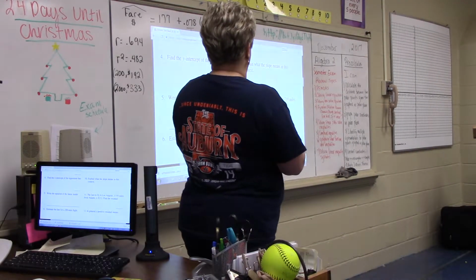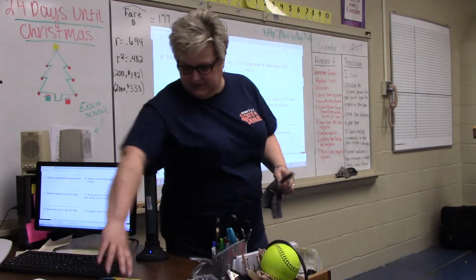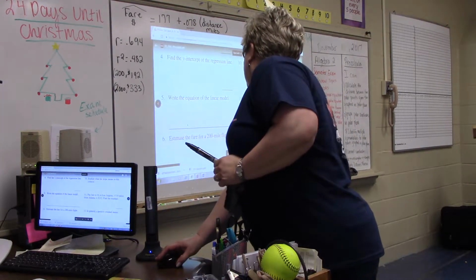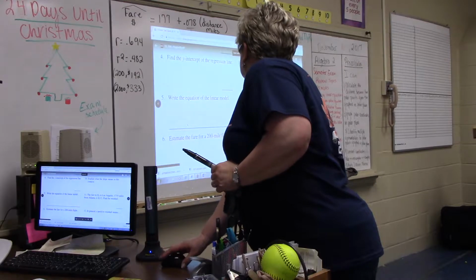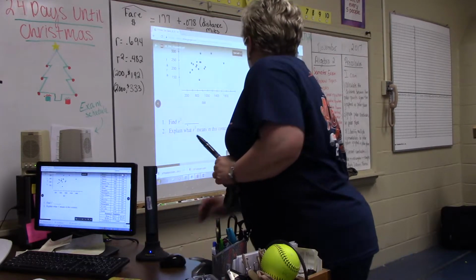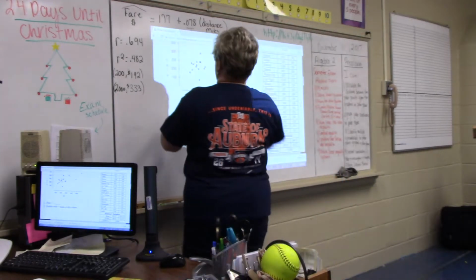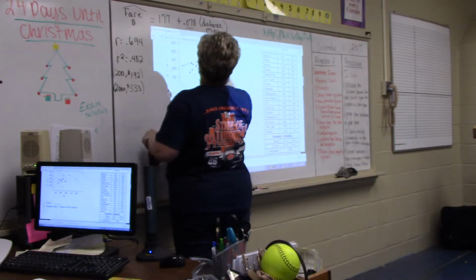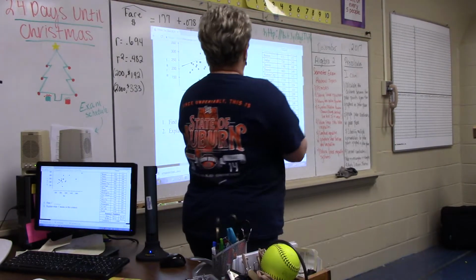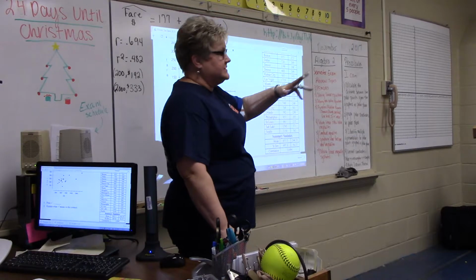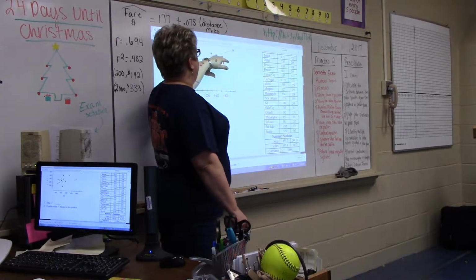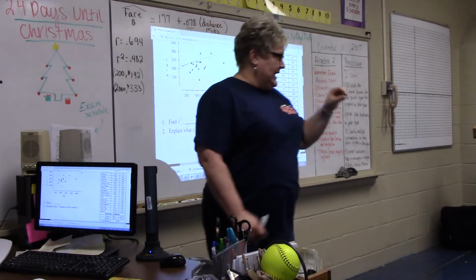Let me scroll back up here and look at the graph for a second. If our line is in here, somewhere up there like that, the definition of the residual is how far your point is from the line.